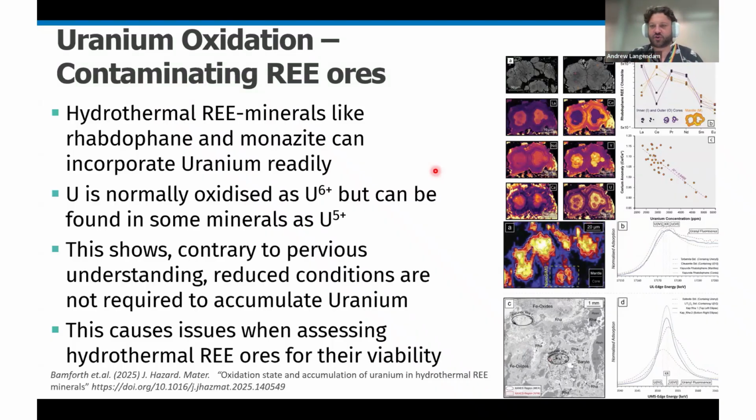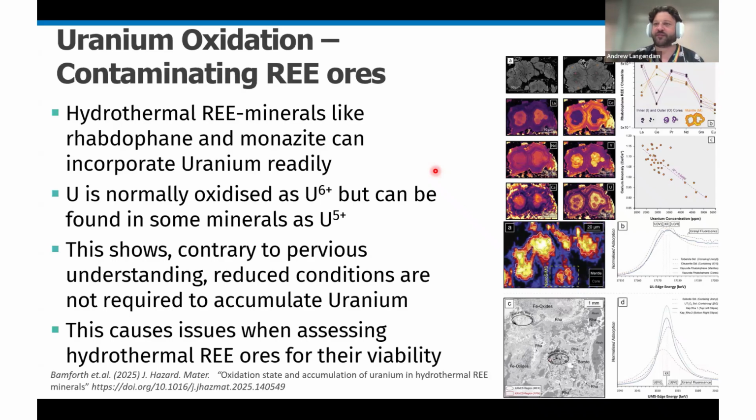But this study showed that, especially in rhabdophane and in a lot of monazites, it's actually a much more oxidized form. So if you have these oxidized fluids producing hydrothermal systems that have rare earth elements being deposited in things like phosphates or in rhabdophane or monazite, you can't just say, oh, it's an oxidized system, it's all happy, it's all well and good.